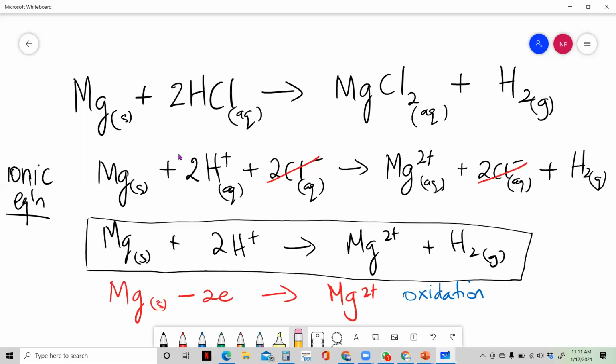So just to be safe, when you have the symbol with a number and a charge, it means that that's the ion. When you have the symbol only, no charge, nothing, just a state symbol, then that tells you that it is the element, in the elemental state.